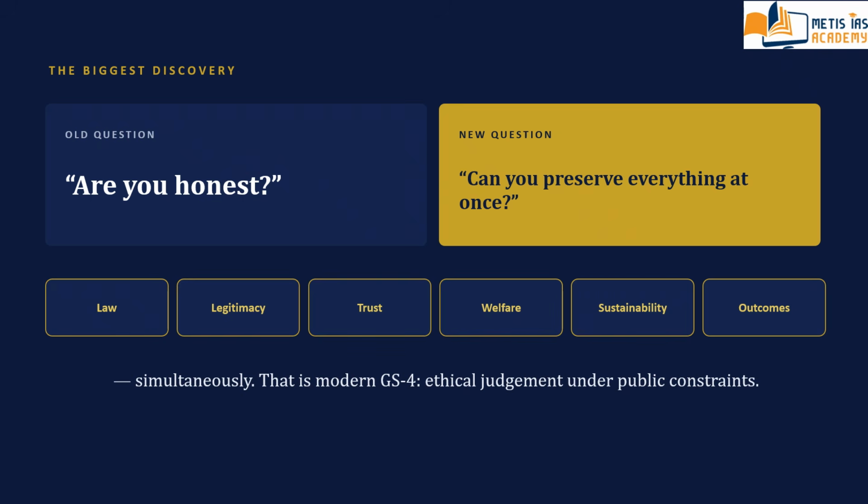That is the modern GS4. The questions have changed from 'are you honest' to 'can you preserve law, legitimacy, trust, welfare, sustainability and outcomes simultaneously'. That change happened in GS4 from 2013 to 2025. So UPSC increasingly rewards ethical judgment rather than whether you are honest or not.